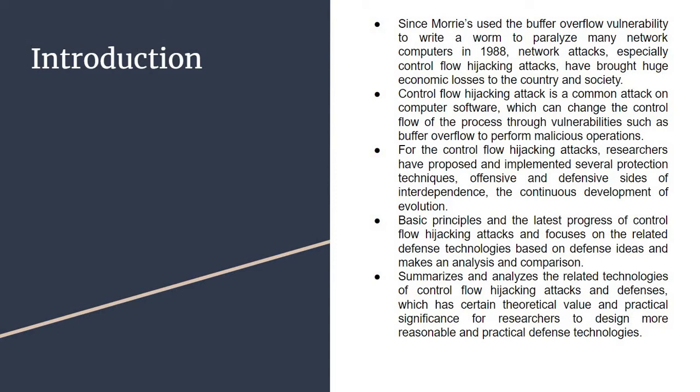For control flow hijacking attacks, researchers have proposed and implemented several protection techniques. The offensive and defensive sides are interdependent and continuously evolving. We cover the basic principles and the latest progress of control flow hijacking attacks, and focus on the related defense technologies based on defense ideas, with analysis and comparison.